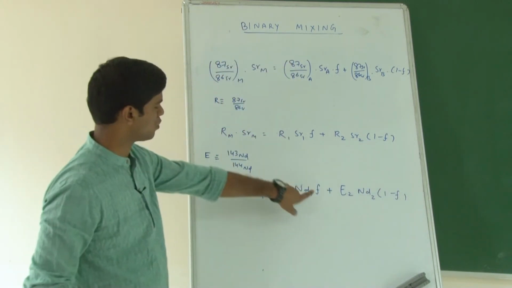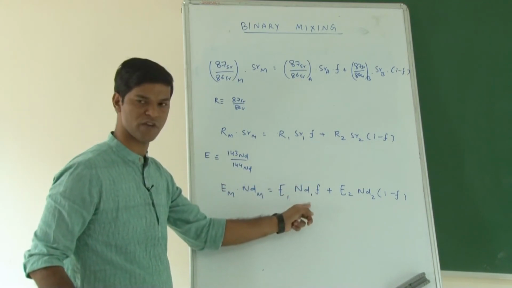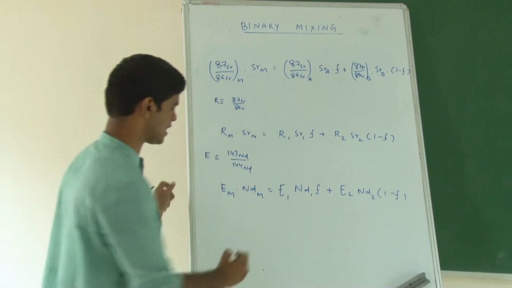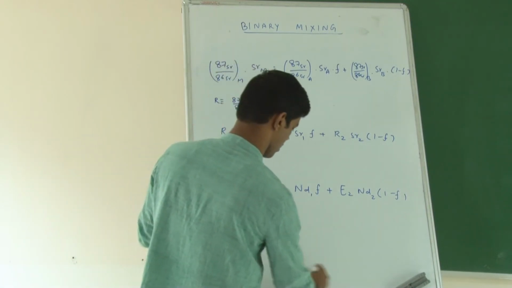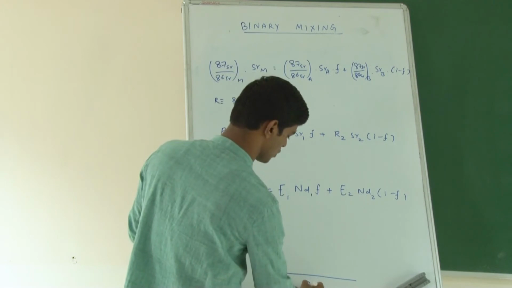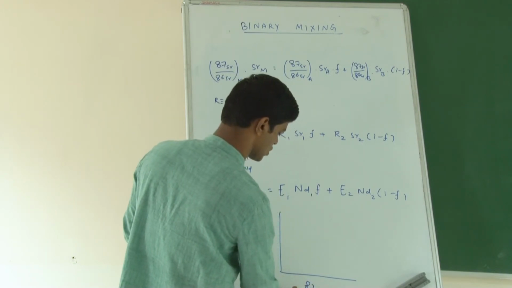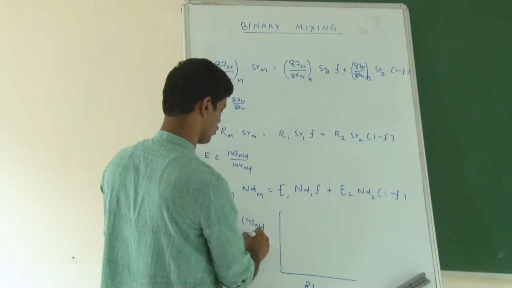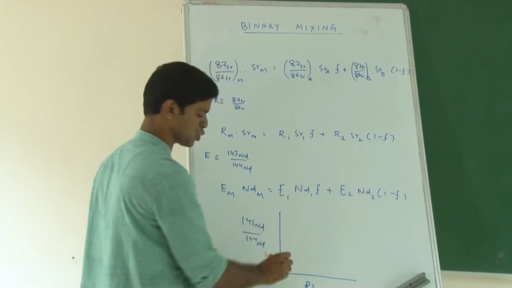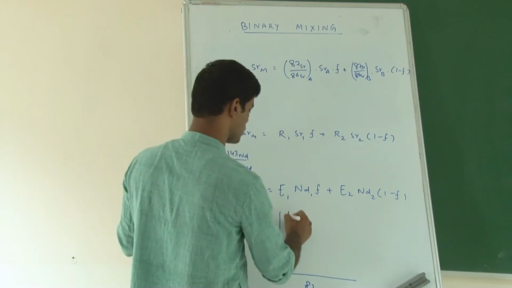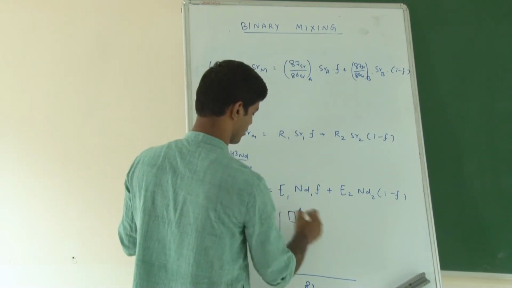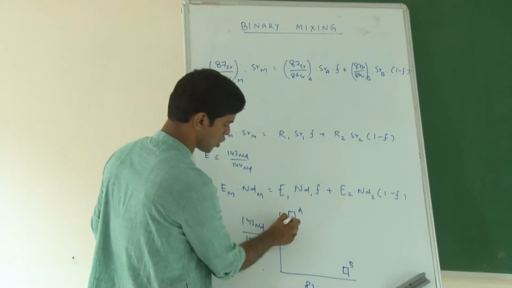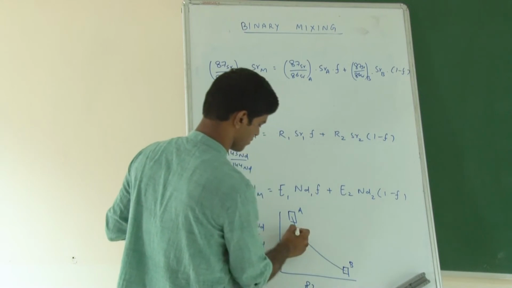Now, if you find an expression for F here and put it in that equation and solve it, you will see that mixing of two different isotopes like 87 strontium by 86 strontium and 143 neodymium by 144 neodymium, if I plot these two and I know the composition for source A and source B, then they will also follow a hyperbolic trend.